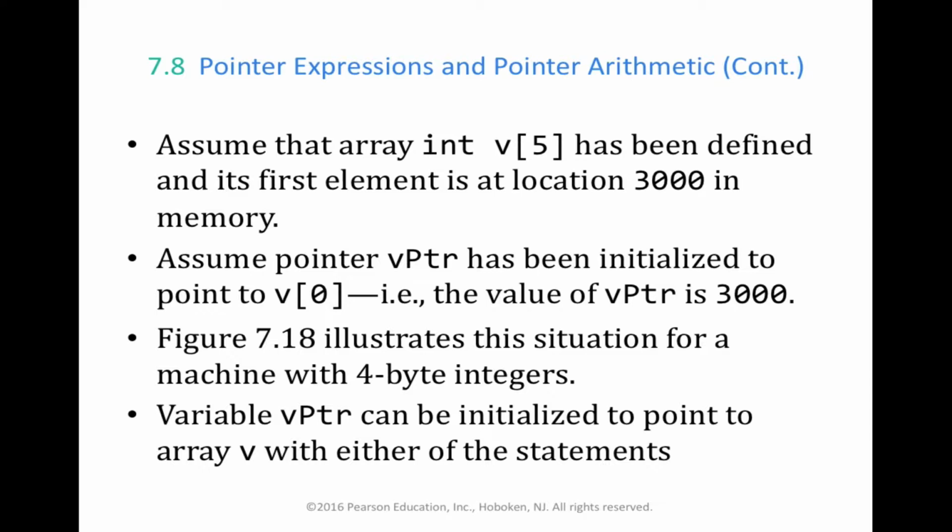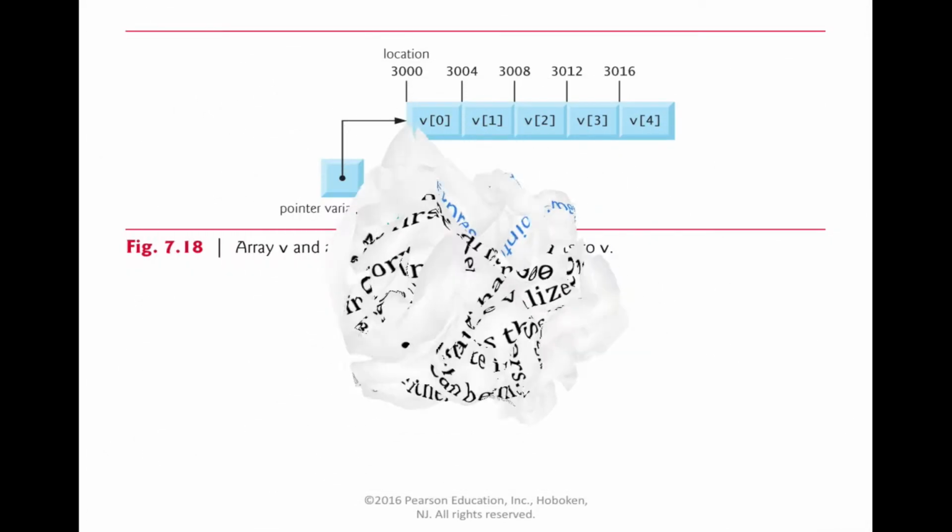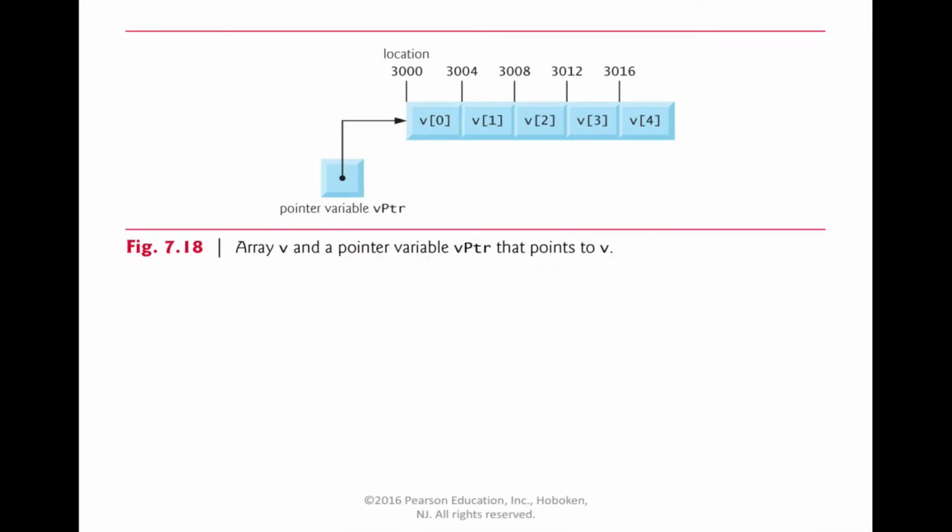The vptr can be initialized to point to the array v with either of the statements. So right now we've got a pointer that's pointing to location 3000. And if every integer is 4 bytes in length, that means the next integer starts at 3004, and then the one after that at 3008, and then 3012, and then 3016.